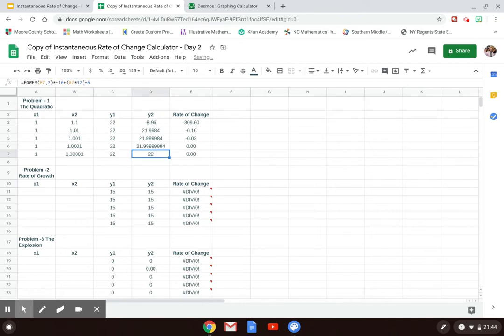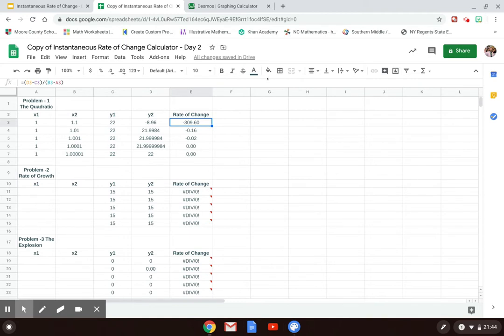Over here in both the Y1 and Y2 cells, I've programmed that function in there to do the work for you. And then, of course, the rate of change is set up to do y2 minus y1 divided by x2 minus x1. So you'll notice here that our rate of change very steadily approached 0.